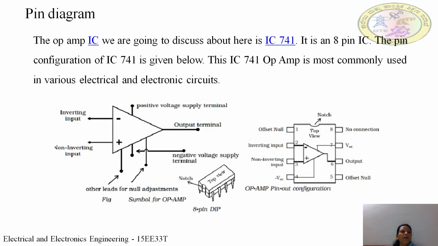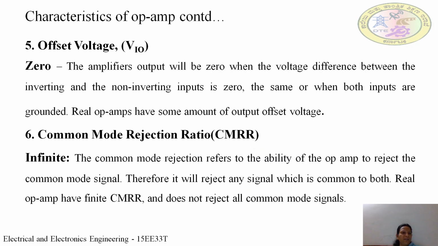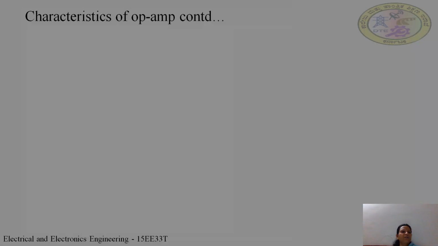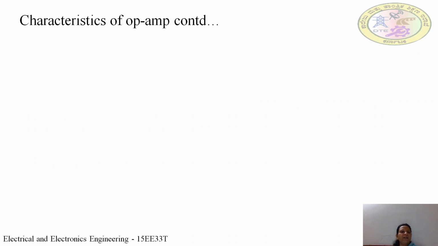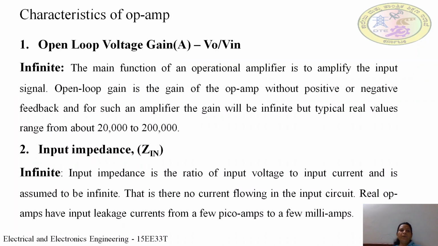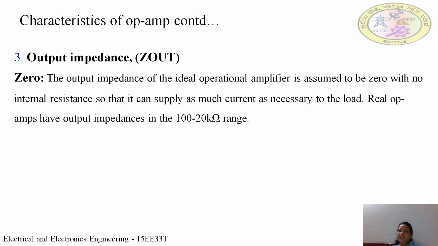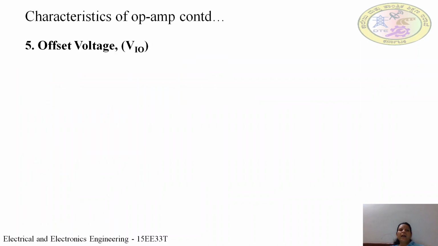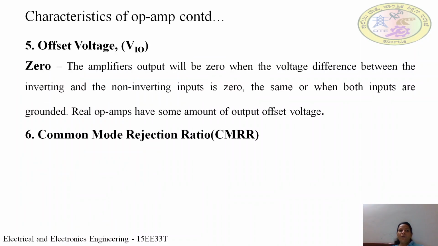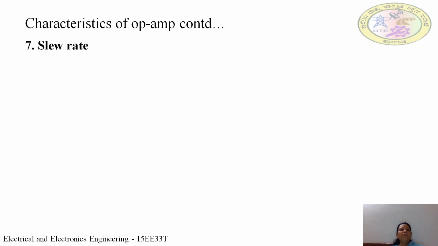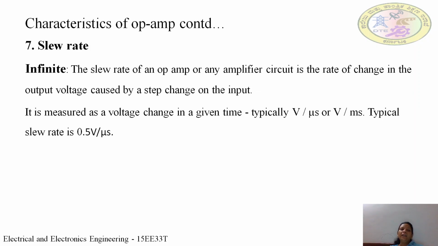So till now, we started with the characteristics of operational amplifiers: the open loop voltage gain, which is infinite, the input impedance, which is also infinite, the output impedance, which is 0, the bandwidth, which is infinite, the offset voltage, which is 0, the common mode rejection ratio, which is infinite, and the slew rate, which is also infinite.